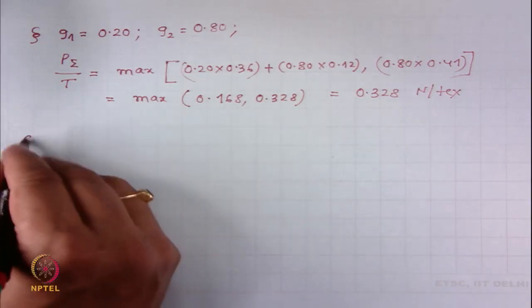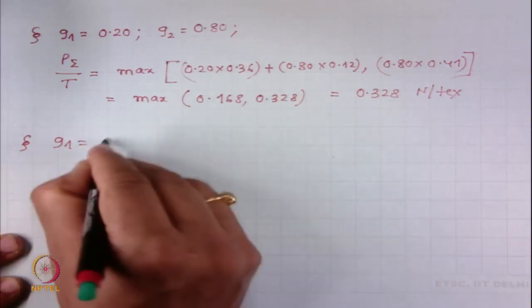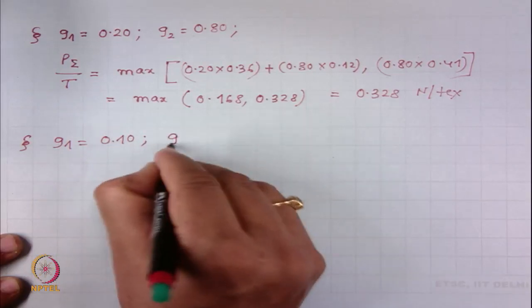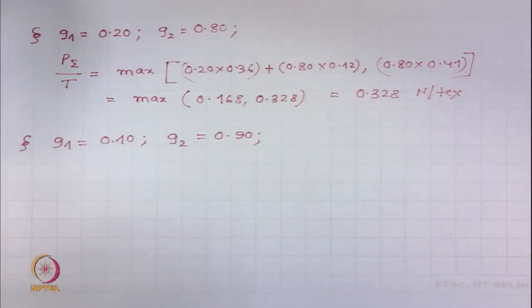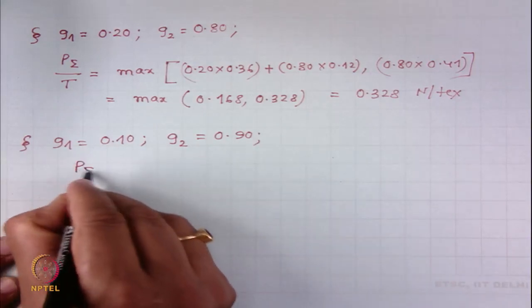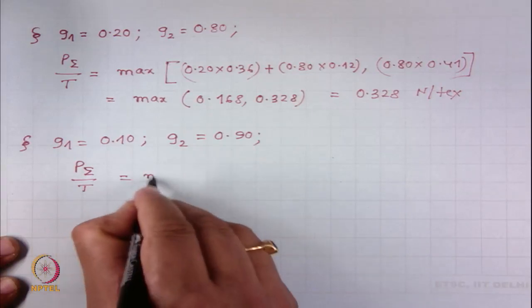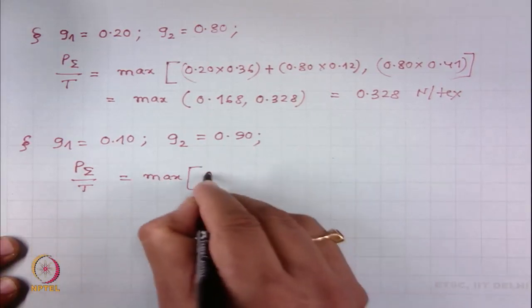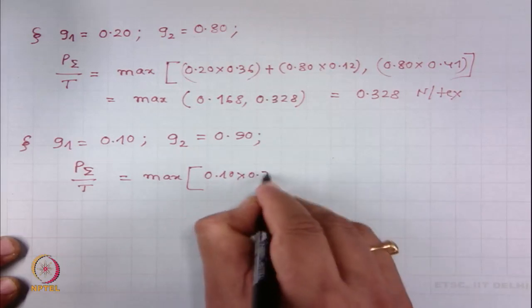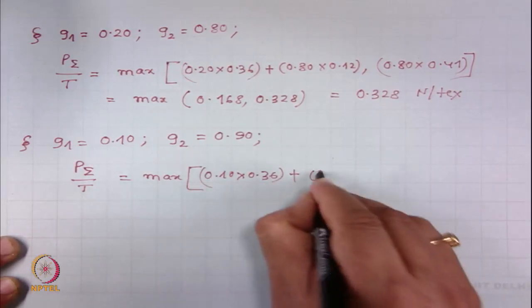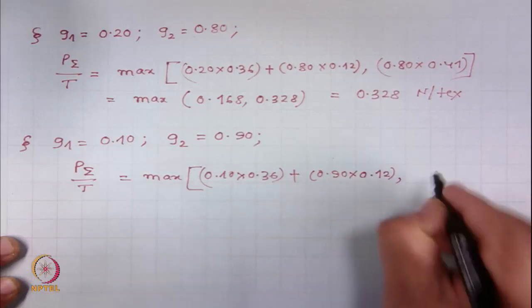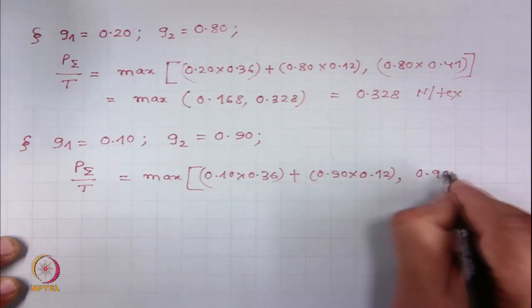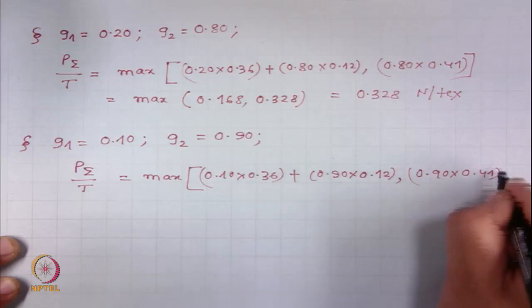Next blend ratio, G1 is 0.10, G2 is 0.90. At this blend ratio, it will be maximum of these two: 0.10 into 0.36 plus 0.90 into 0.12, comma, 0.90 into 0.41.